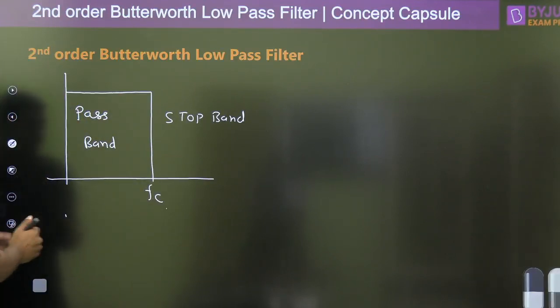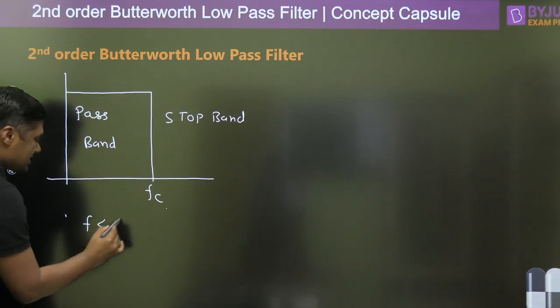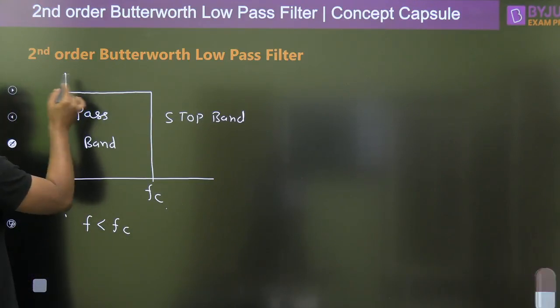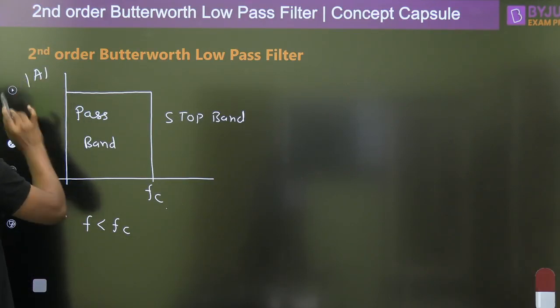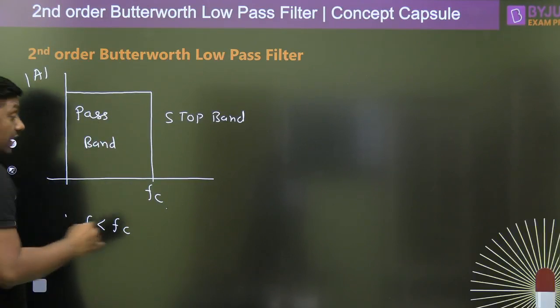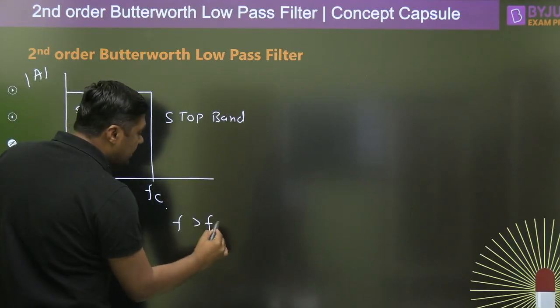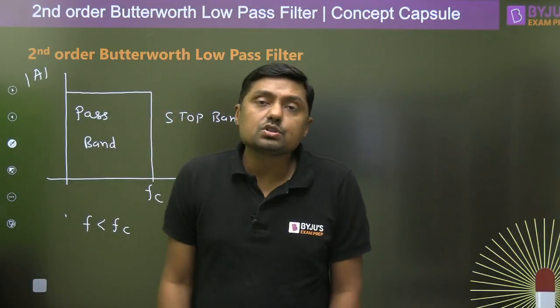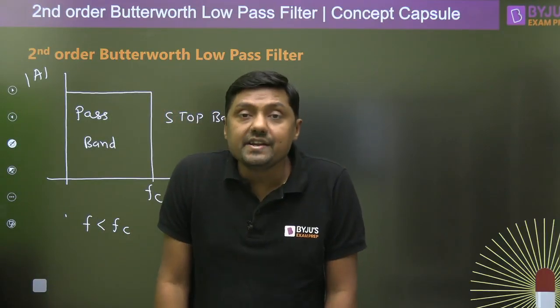So under ideal condition, if the frequency is less than FC, that will be the gain, and it will pass the signal. If the frequency is greater than FC, it will stop the signal. That is called the ideal condition.